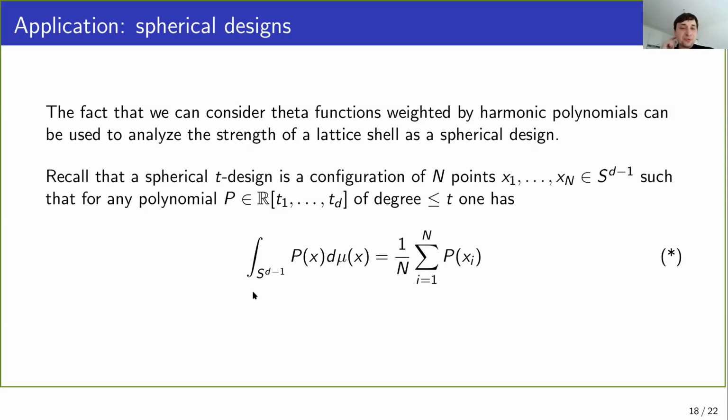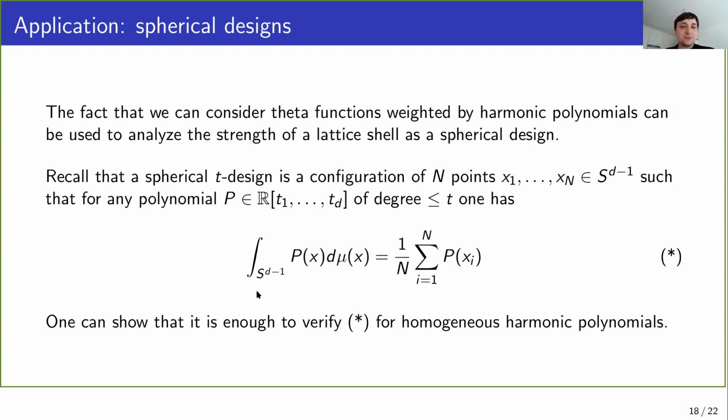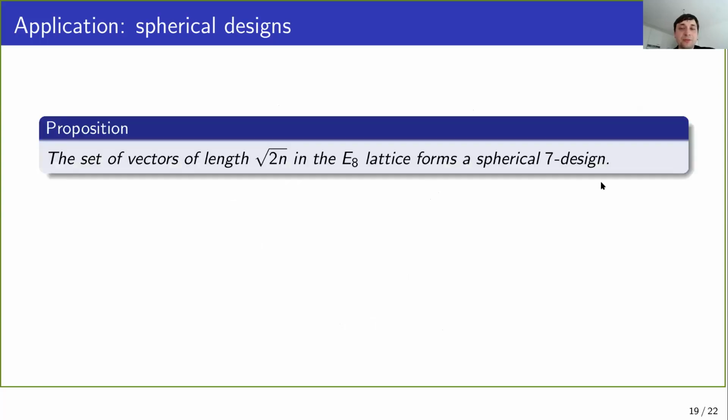And there's a simple representation-theoretic argument which shows that it's enough to show it for homogeneous harmonic polynomials. Okay, so now we can use our theorem about the weighted theta function. For example, we very easily get that all the shells of the E8 lattice are 7-designs.